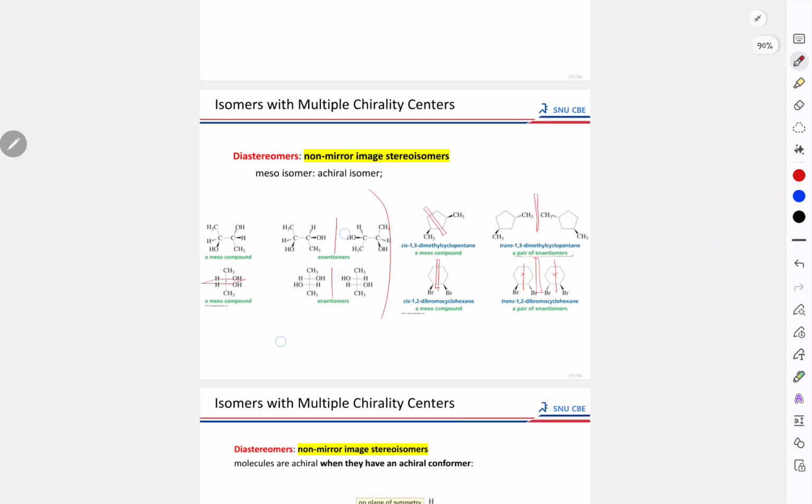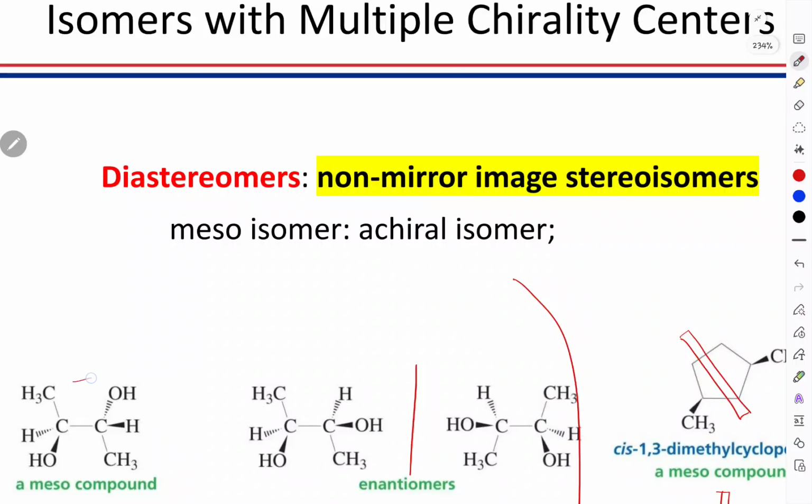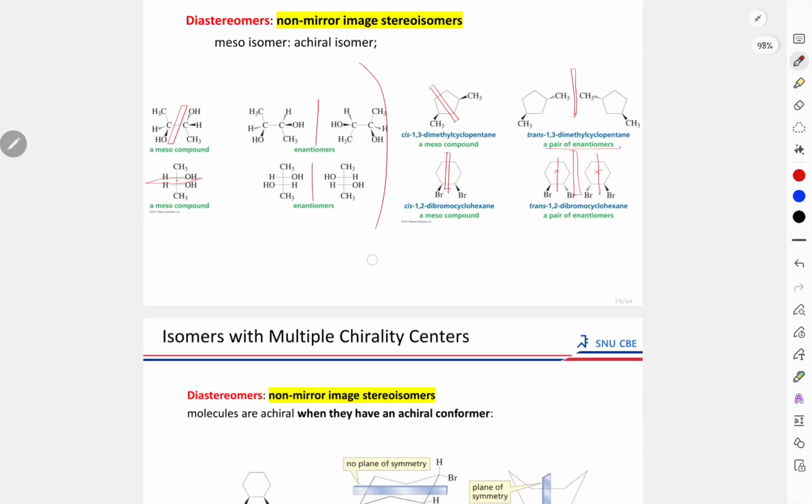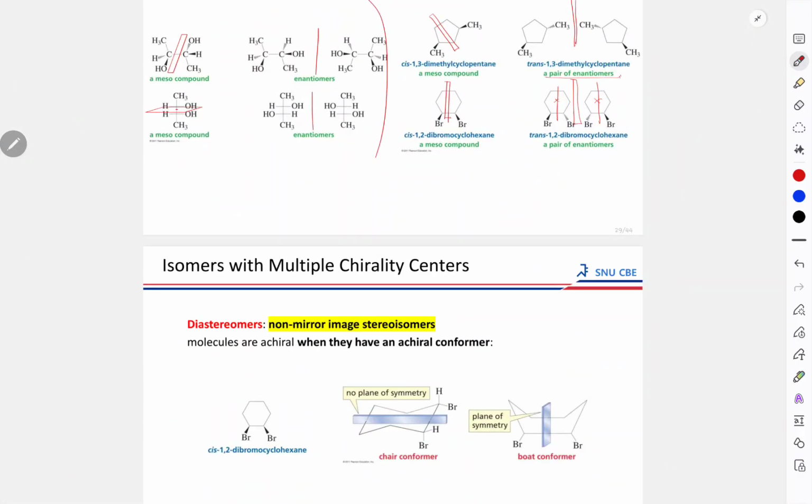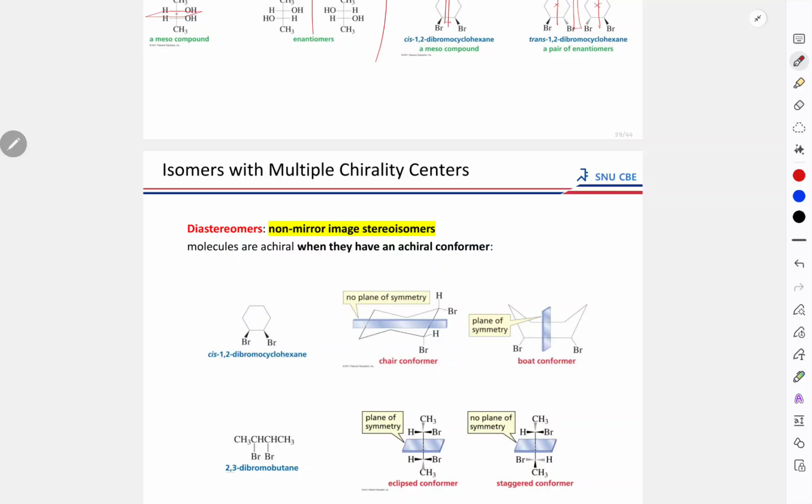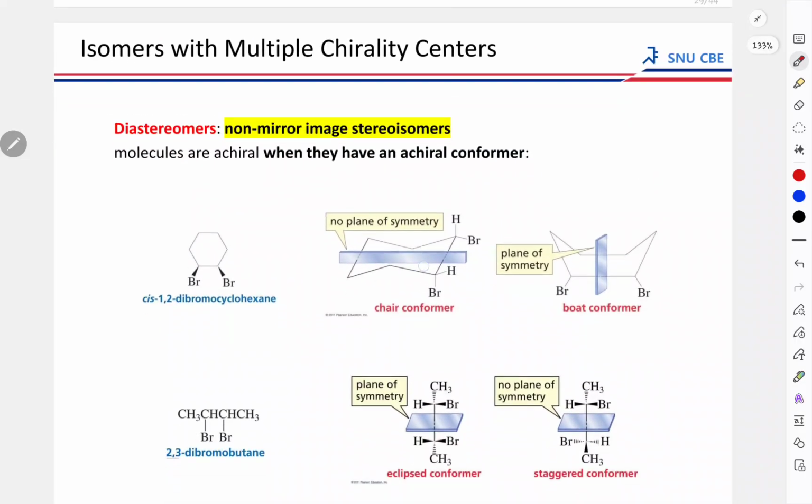So you can think about again, right? You have the cis-1,2-dibromocyclohexane. You can identify the internal symmetry, the plane of symmetry. And you may think the chair conformer doesn't have a plane of symmetry, but once any possible conformer state has a plane of symmetry, then you can treat it as a meso compound. Same thing for the 2,3-dibromobutane.